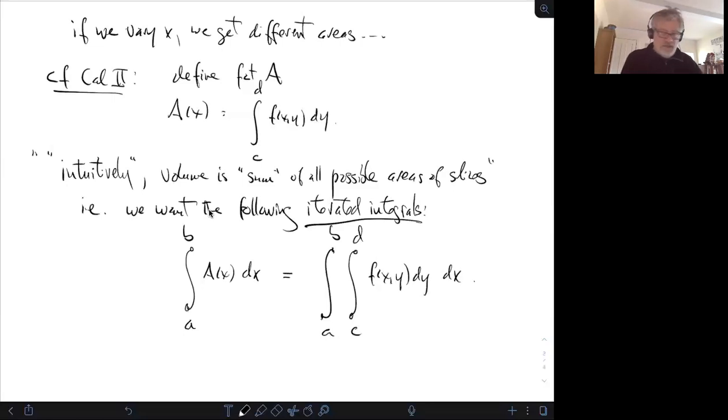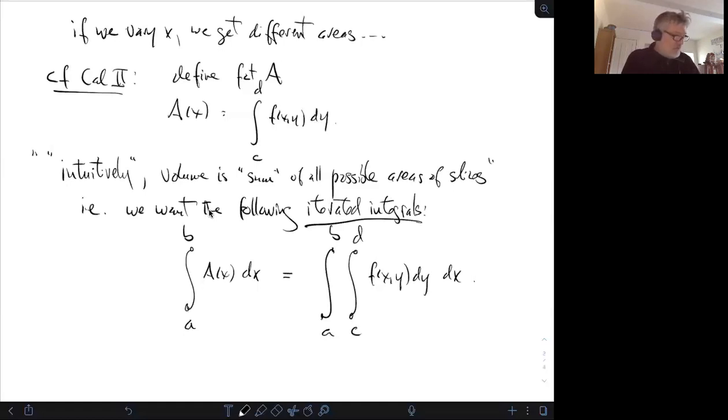I just replaced A of x by the expression. And again, what is A of x? It's the area of the slice at x. This is not a double integral. This is first a one variable integral and then a one variable integral of what you get.